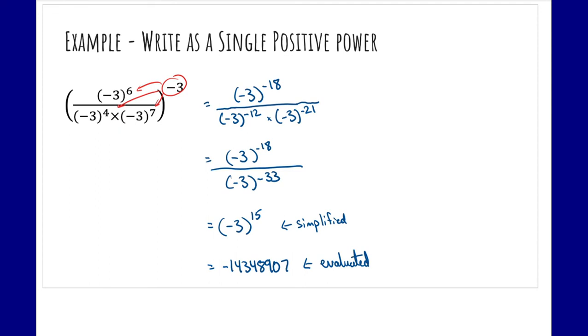One thing to keep in mind: if our base is a negative, on your calculator, you want to place brackets around the base. In some cases, if we don't put brackets around the base, the calculator does not assume that the negative is part of the base.